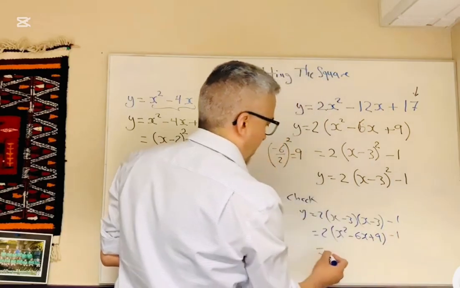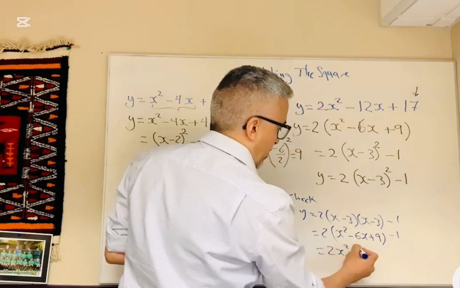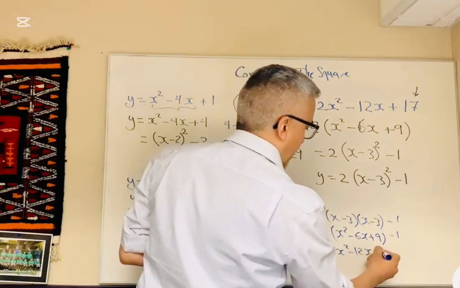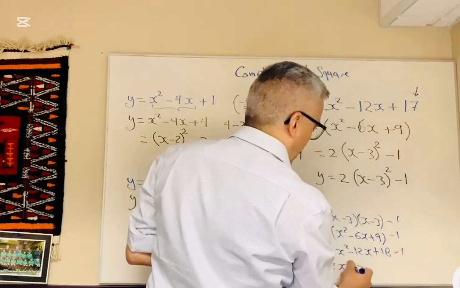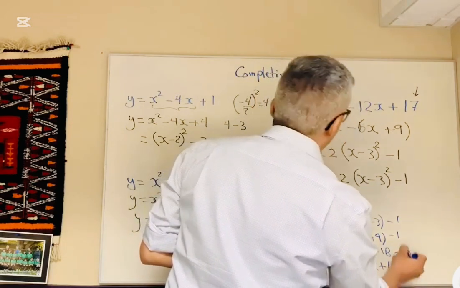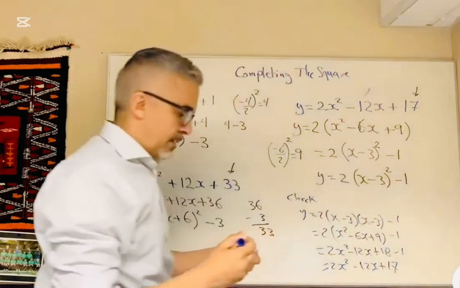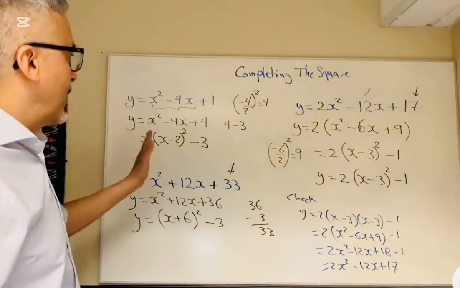Put the 2 into the bracket, so you get 2x squared minus 12x plus 18. And then you still have the minus 1, so you get 2x squared minus 12x plus 17. And that's exactly the original. Same math, fewer steps, and a much cleaner solution.